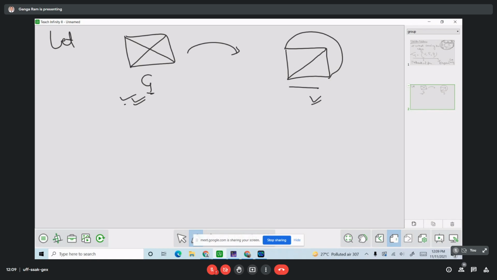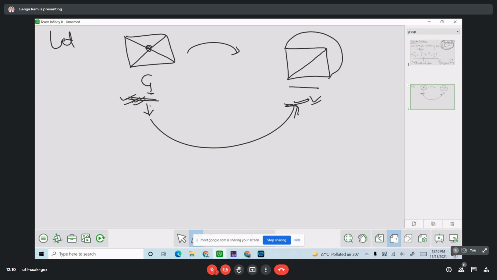But in this graph you can see that these edges are intersecting at this point, and this is not a vertex. But in this other graph there is no intersection in the edges. Clear? So this graph is represented in this form without crossing the edge.